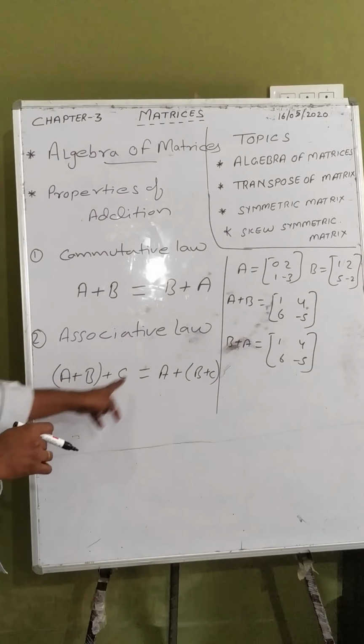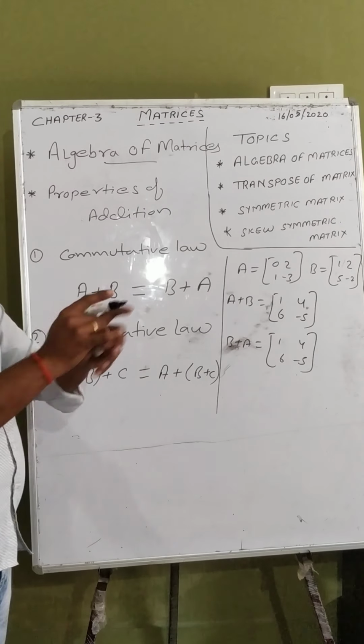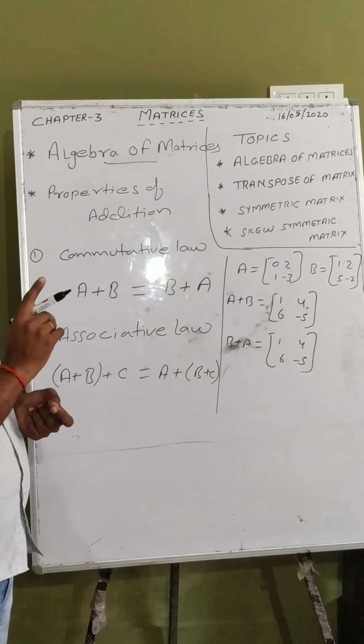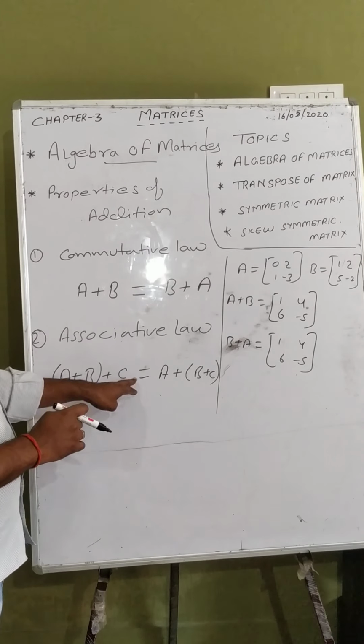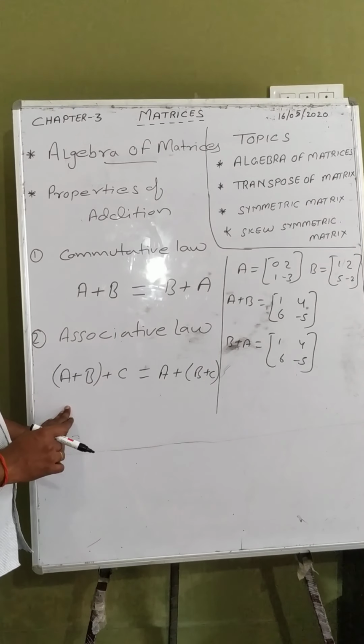Try to understand this point here. A, B, C are the three matrices which we are adding, so definitely their orders are the same. That's why we are able to add these three matrices.